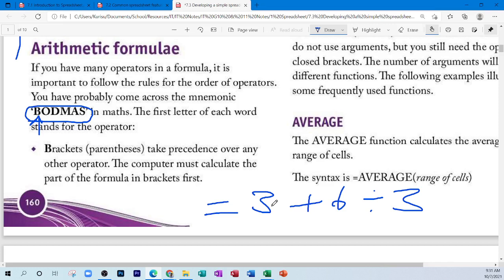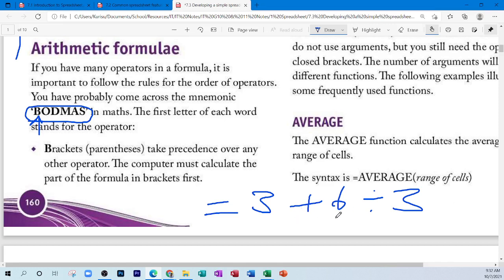No, the answer is 5. Because I just confused my whole brain. The answer is 5, because 6 divided by 3 is 2, and 2 plus 3 is 5. Yeah, I'll check it on your calculator and then confirm it, because it is 5.